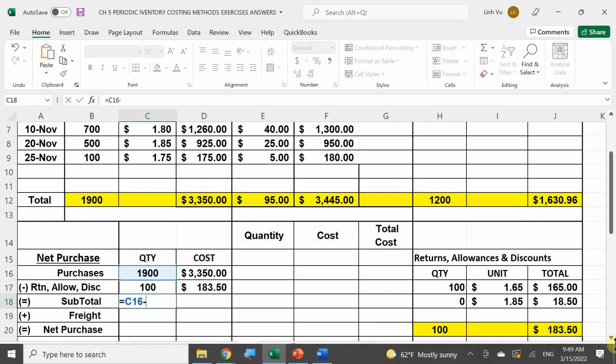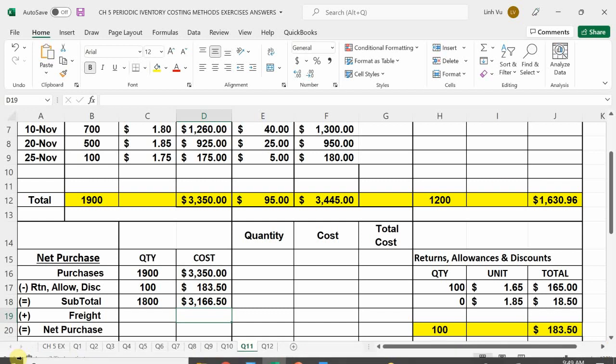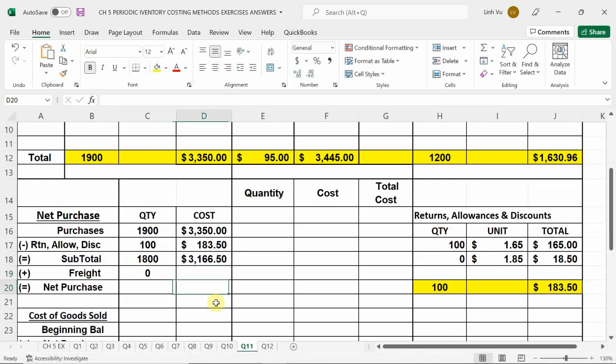So therefore, that should decrease your values to now 1,800 at a total of $3,166.50.